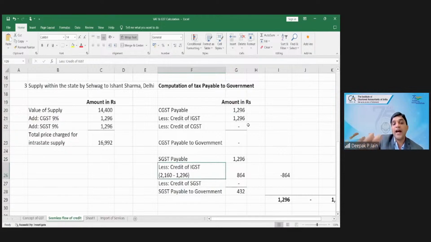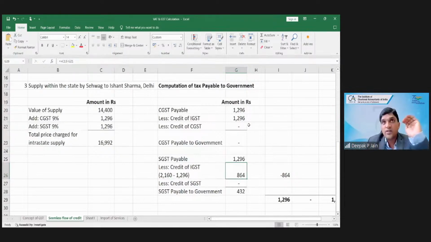He had 2,160. Out of this 2,160, he has utilized 1,296. So balance, how much is left? Balance 864. That is utilized to the extent of credit available. Is there any credit of SGST? No. Had I had that credit, I could have utilized it, but there's no credit here. Balance is the SGST which is payable to the government, 432.